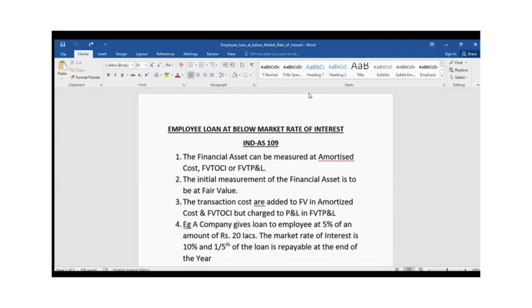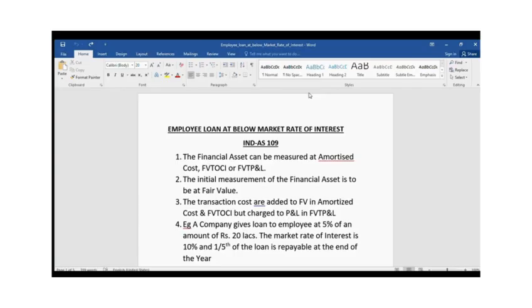The subsequent measurement for amortized cost will be at amortized cost, and for fair value through OCI and fair value through PNL, it will be at fair value.